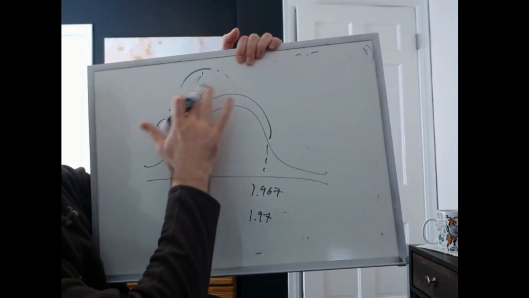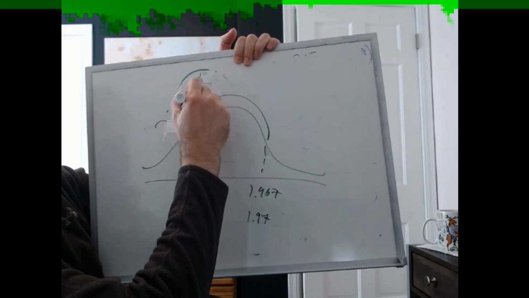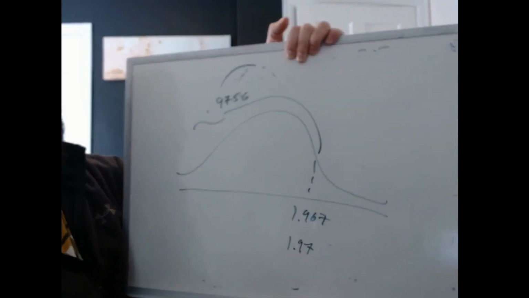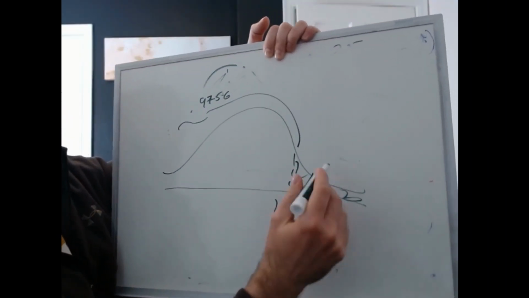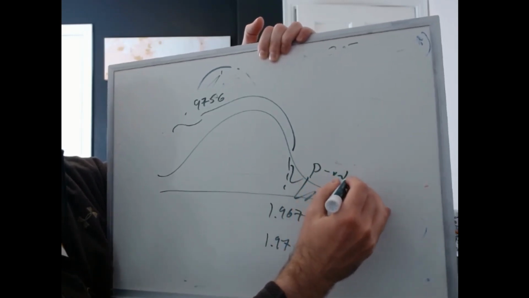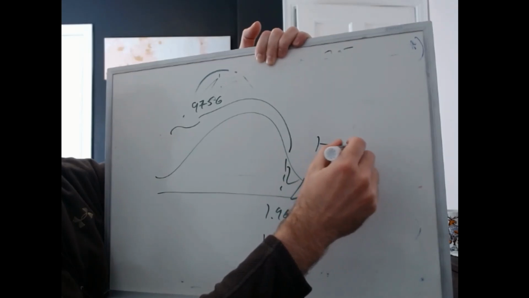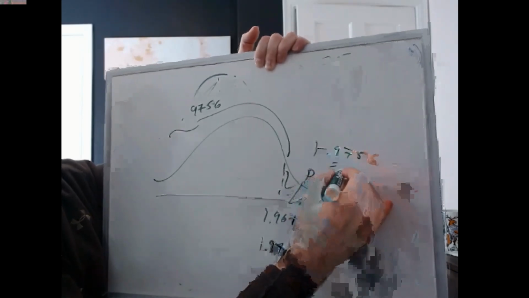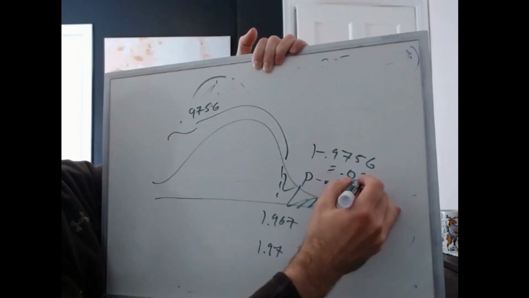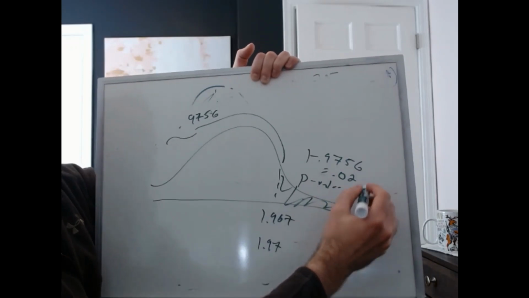Nope, I flipped these. It was 0.9756. Right. I wanted the area to the right, right? For a right-tailed test, my p-value is the area to the right of my test statistic. So I subtract that from 1, you get what, 0.0244?